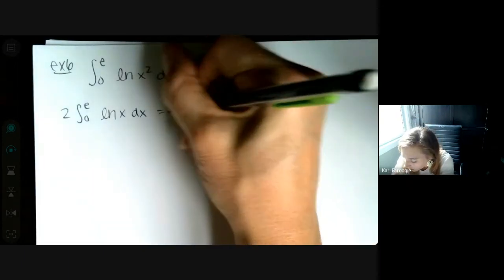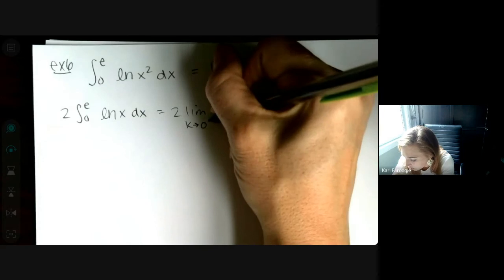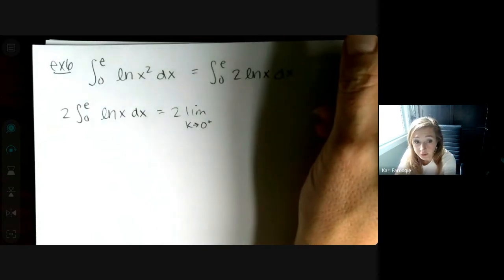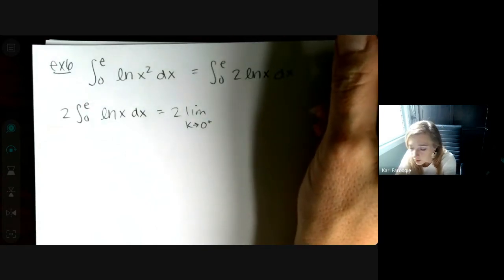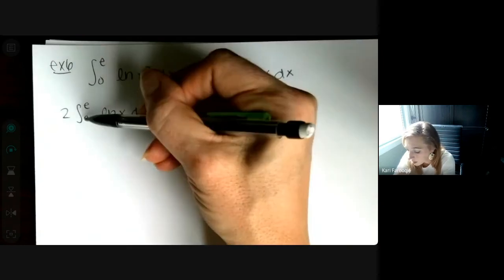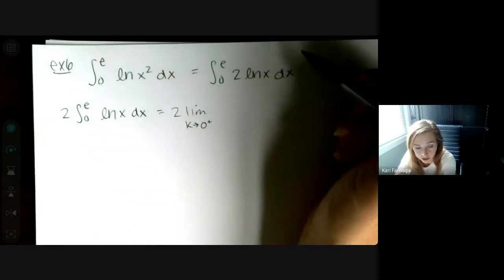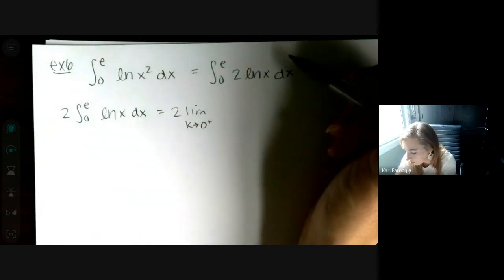So we're going to take twice the limit as k approaches 0 from the right. And it might matter in this case that we're approaching from the right. It might not. Let's just see what happens as we work our way through this. But either way, the only way we can approach 0 is from the right. The function is not existing for values that approach from the left.